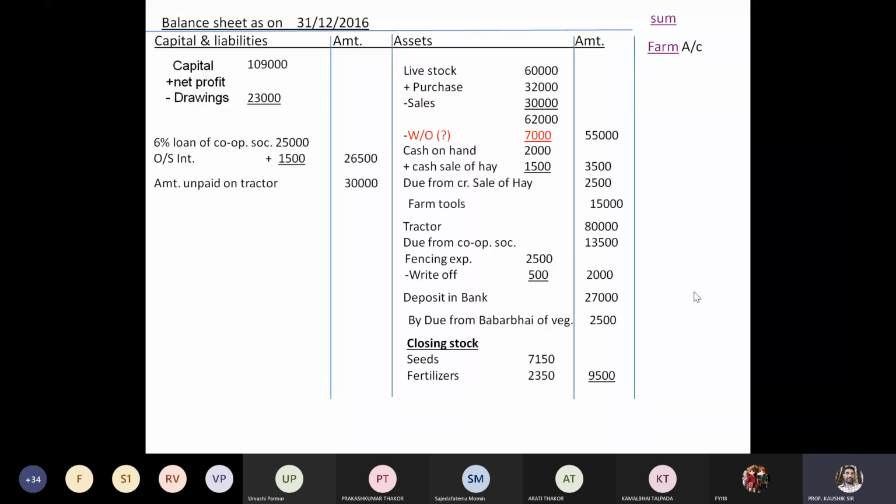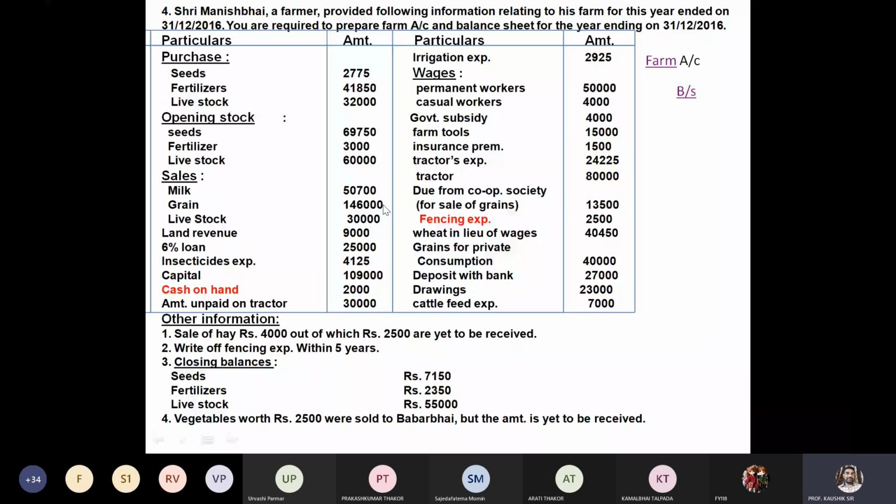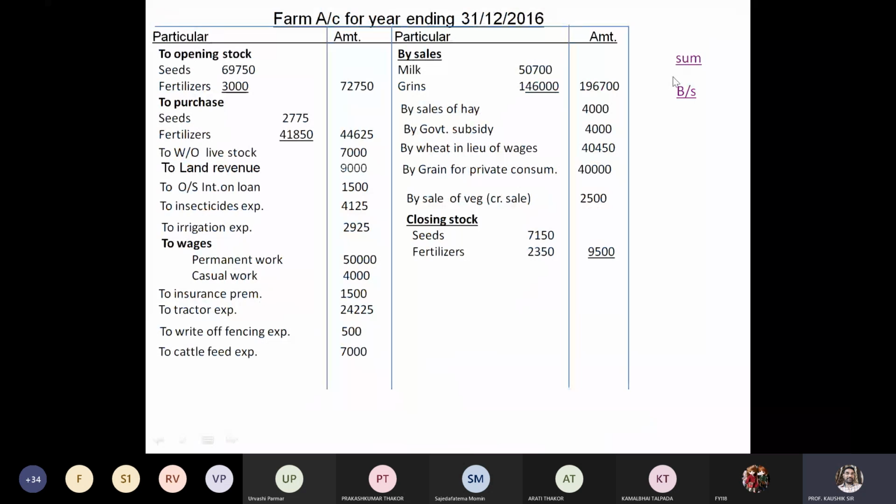Go to the sum. All the transactions are completed now. First of all, we will close the farm accounts. So it is time to make the totals. Missing amount will be the profit.